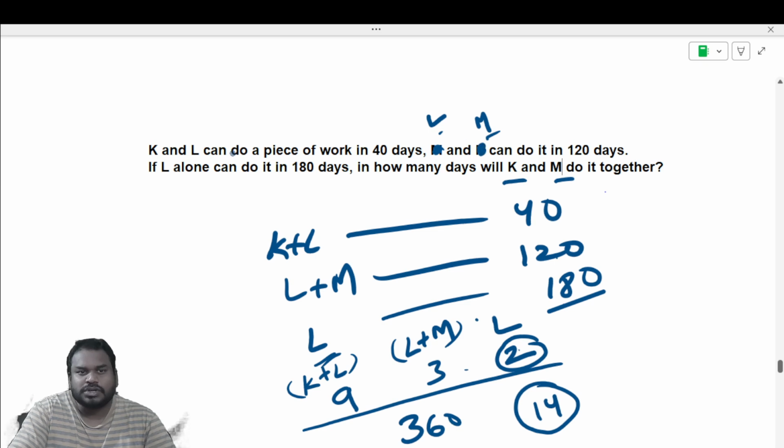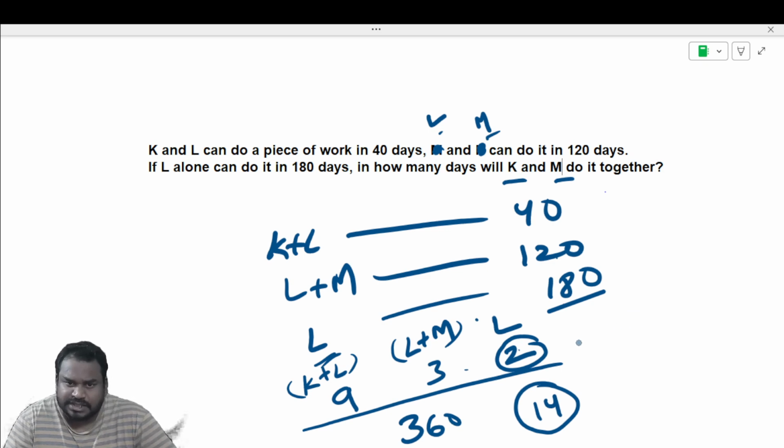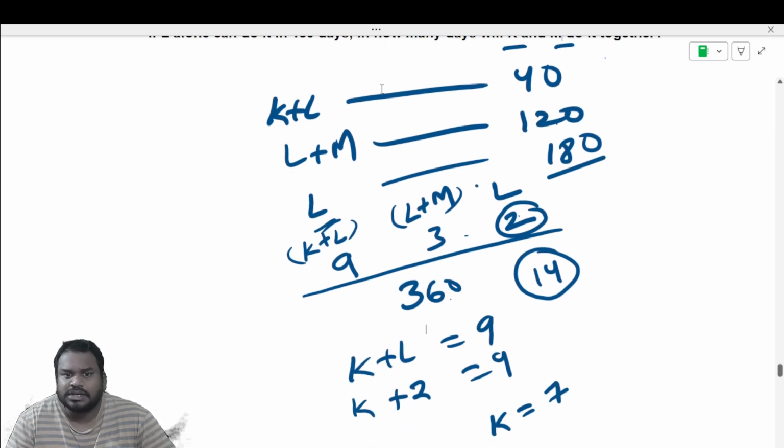So K and L can do it in 40 days and L and M can do it in 120 days. If L alone can do it in 180 days, in how many days will K and M do it together? So far we have done it correctly. For 360, you got the efficiencies of K and L, L and M, and L. So K value is 7. Then L plus M is equal to 3.